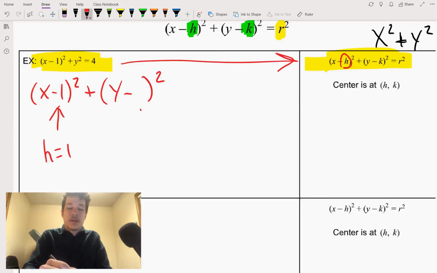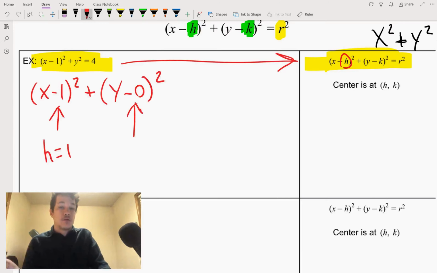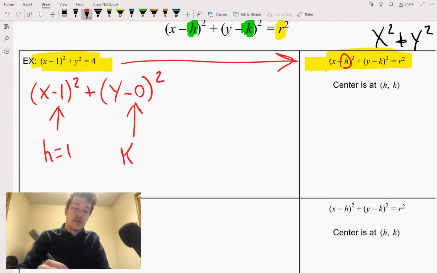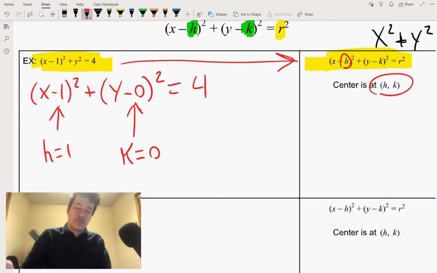And the something that goes here has to be 0. Okay, I know we usually wouldn't write this, but in this case it's helpful to think about it that way, because that way we can just understand k is actually just 0. And remember, that's our center at h, k. Okay, and that equals 4.